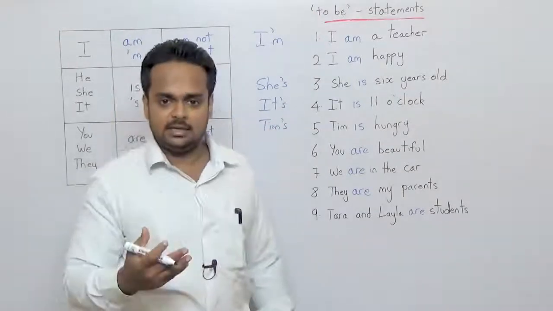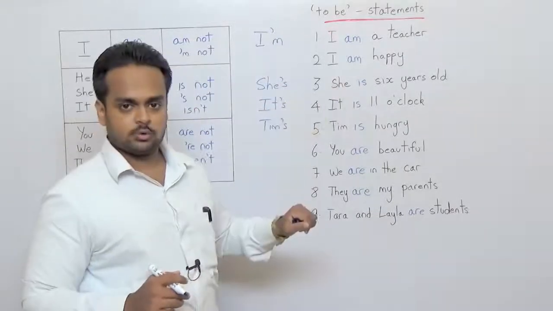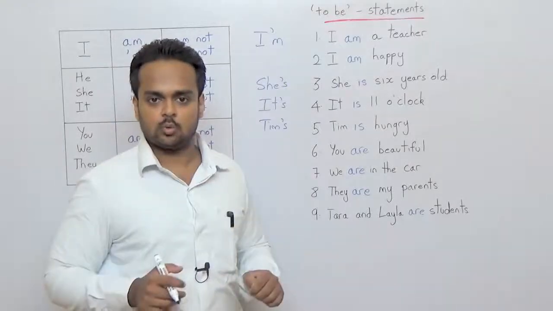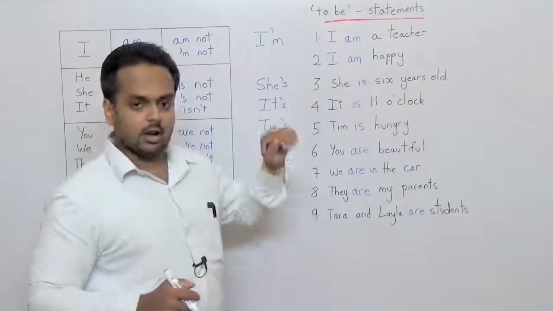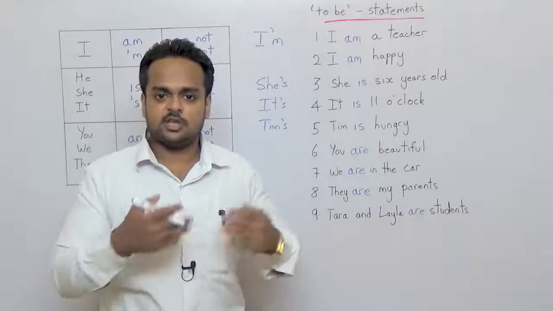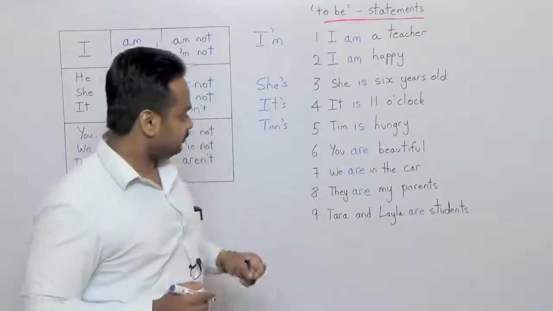And if you have he is, that would be he's. So she's 6 years old. When we speak, we don't say she is 6 years old. We say she's 6 years old. It's 11 o'clock. Tim's hungry. See how that's more natural to say?